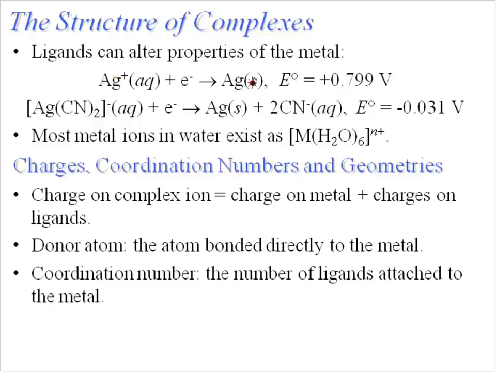Ag plus to Ag reduction, the E naught is around 0.8, and here also it is getting reduced to Ag. From +1 to 0, it's the same change.